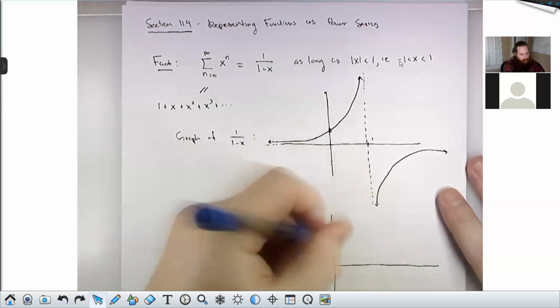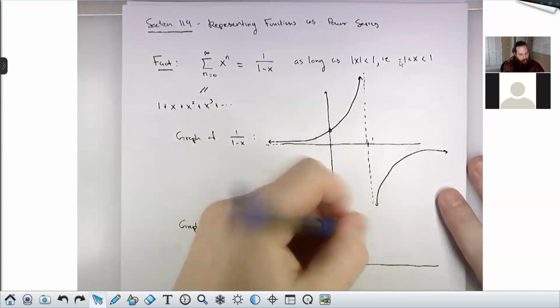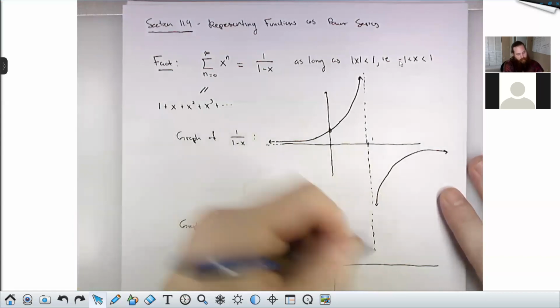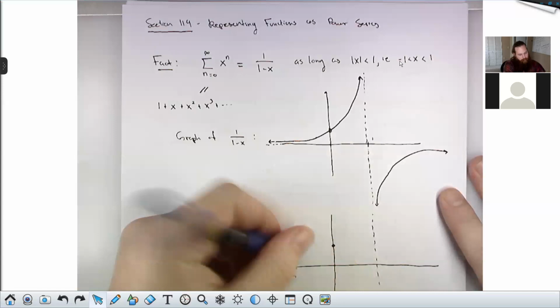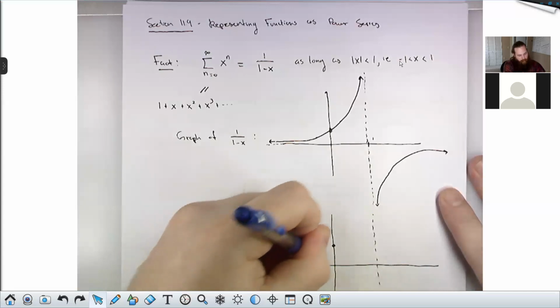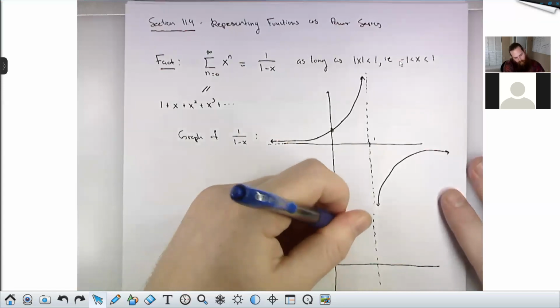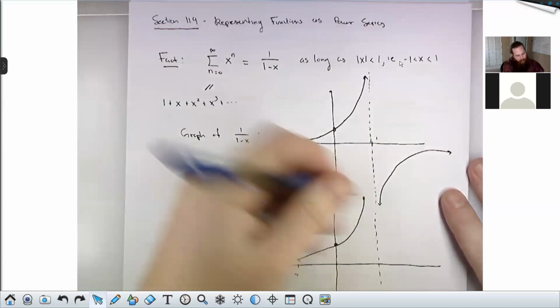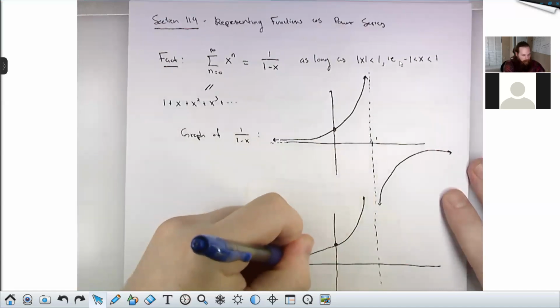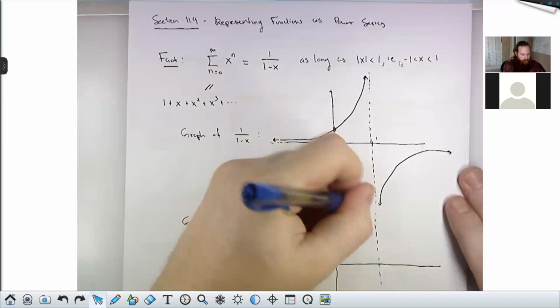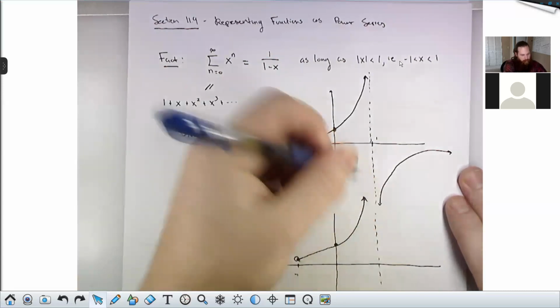Over here at -1 it is equal to 1/2, at 0 it is equal to 1, and we've got our vertical asymptote at +1. And it's actually open here because it doesn't converge when you plug in -1.